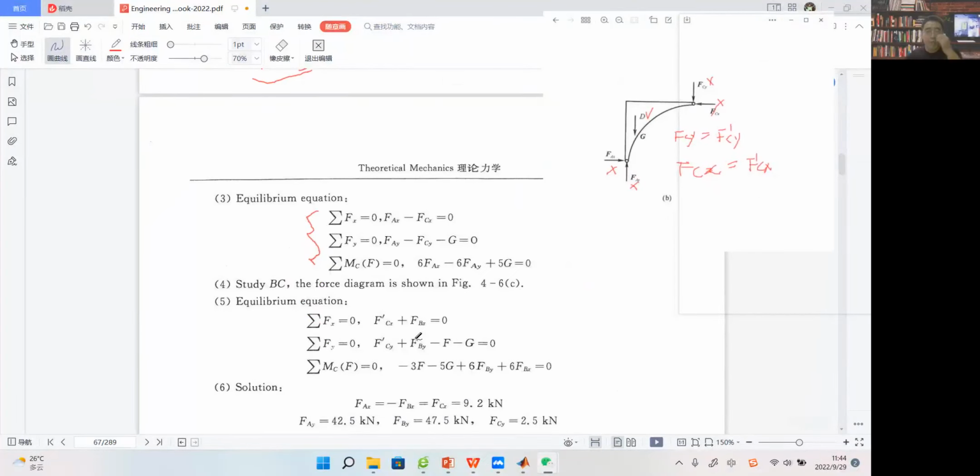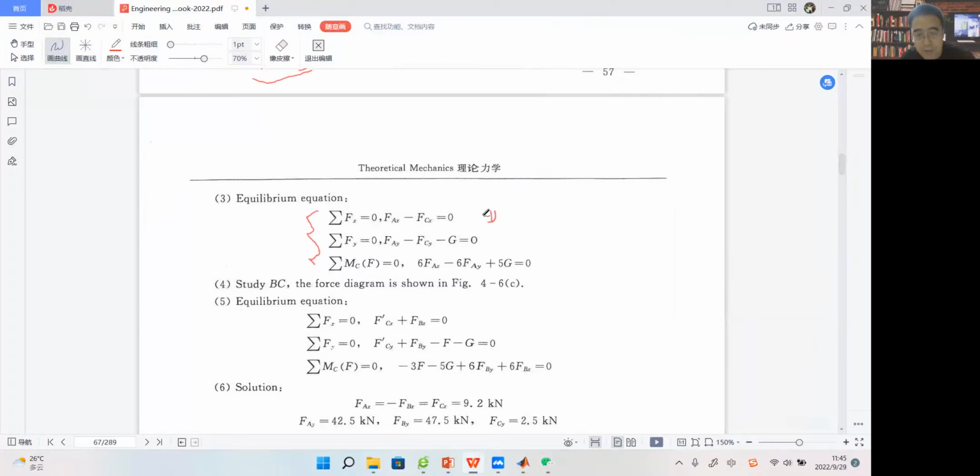You see? So when we give the equilibrium equation like sigma Fx equals 0, we have Fax, right? And Fcx, but Fcx's direction is along the negative direction of the x direction. So we have Fax minus Fcx equals 0. That is equation 1, right?